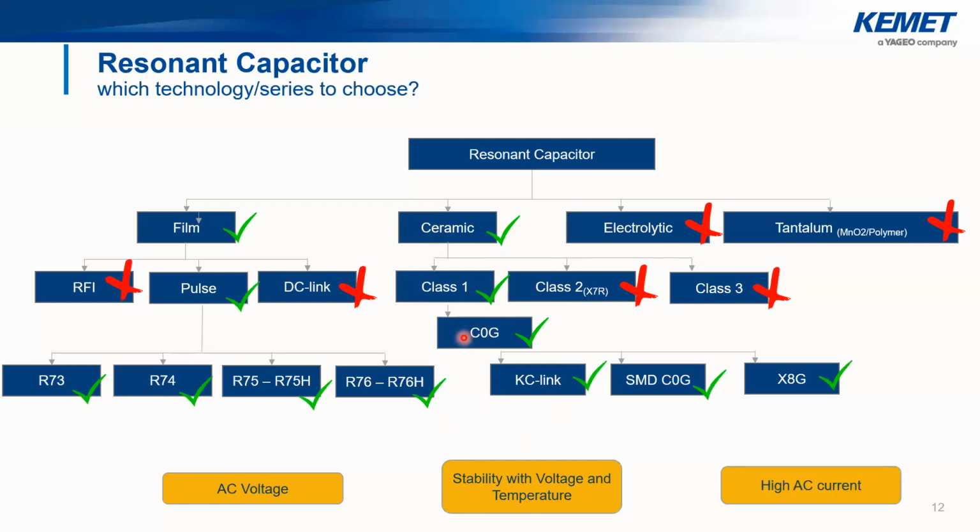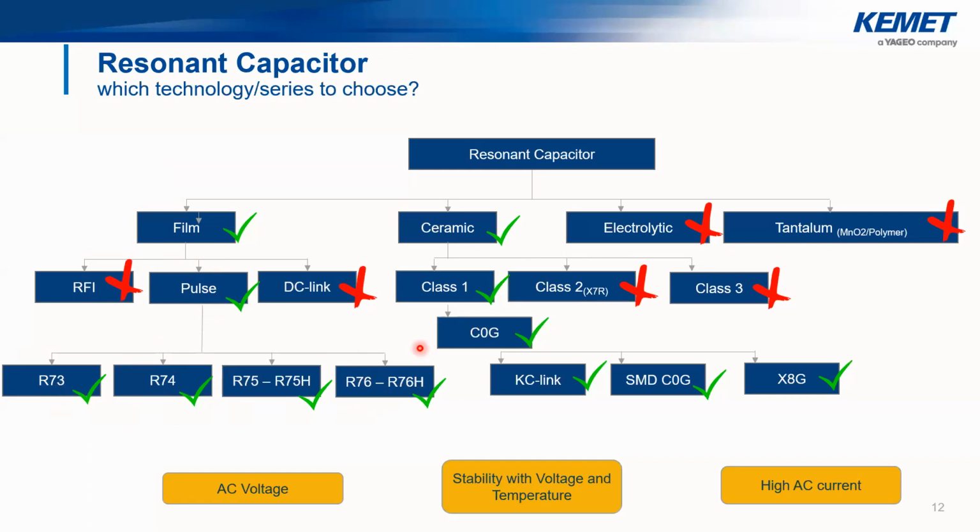And since these applications also require high AC current capabilities, from the film capacitors, we cannot select the RFI capacitors, mainly because they have limited current capabilities, and we shall keep the pulse capacitors. And from this series, we have all these capacitor family ranges that can fit for resonant circuits.